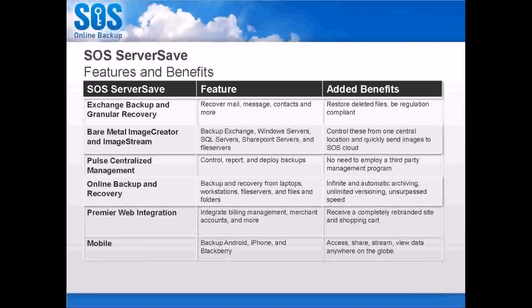The Premier Web Integration Package. This is really kind of the backbone of the partner program and what helps get our partners out to market. It includes, among other things, integrated billing management, so things like integration into PayPal and Authorize.net. So all you have to do is put in your respective credentials, and you're ready to start accepting money for backup accounts being ordered online. So a bit of an e-commerce setup.